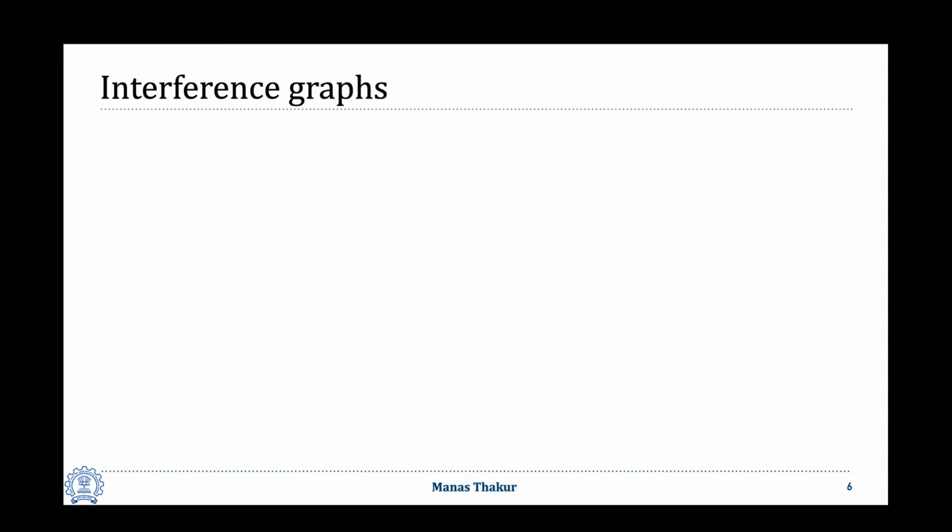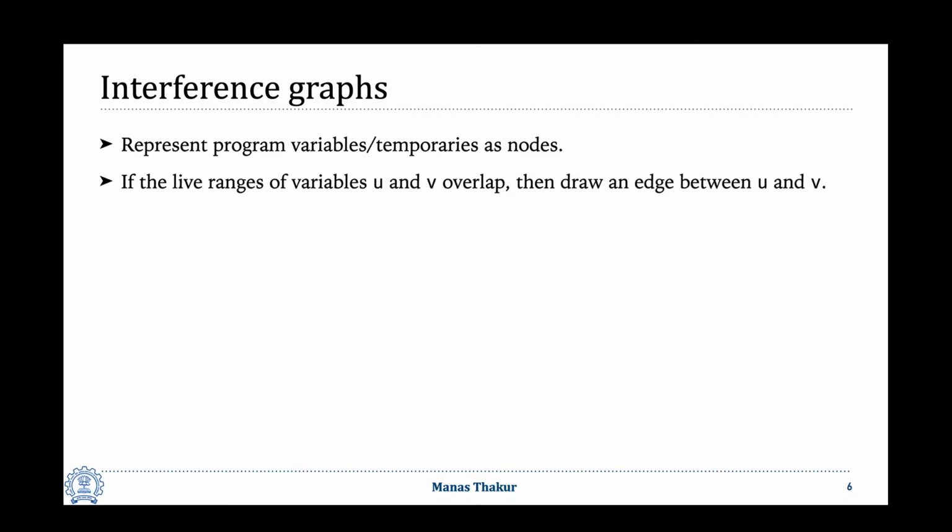So we have the live ranges of each variable determined in the previous slide, and whenever somebody uses the word graph, you should first ask the question, what do the nodes represent in that graph and what do the edges represent? So the nodes of this interference graph will be temporaries or variables in your program, and if the live ranges of two variables u and v overlap, then you would draw an edge between u and v.